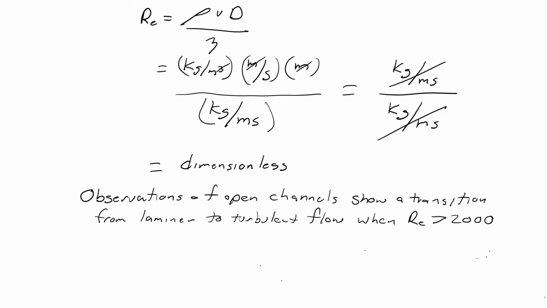Okay, so if you calculated the Reynolds number for a stream and you got more than 2,000, it would be flowing turbulently. If it was less than 2,000, it would be flowing laminarly. So it's really easy to use for open channels, okay?